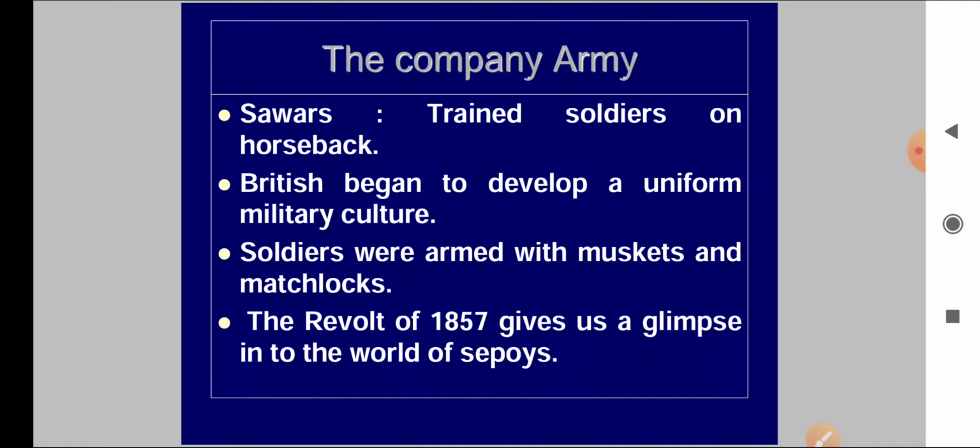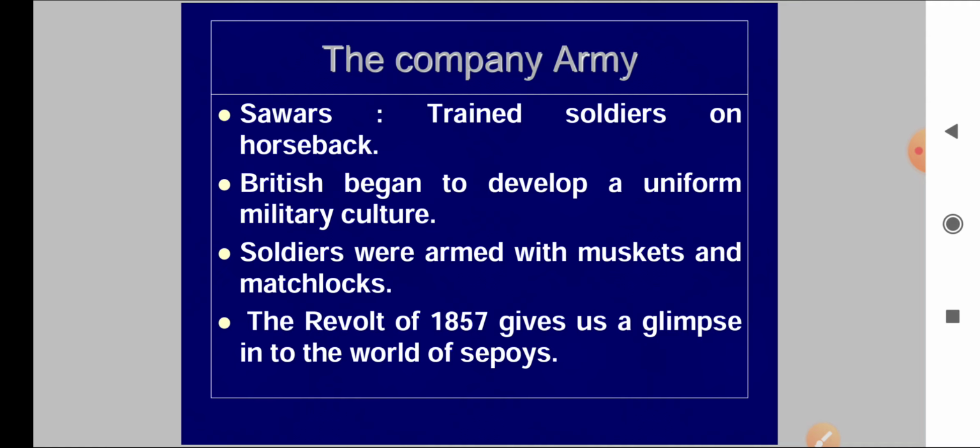These soldiers were trained, disciplined, and they adopted various methods to make them perfect in the training. In the army they used muskets and matchlocks, two terminologies which I am explaining now.